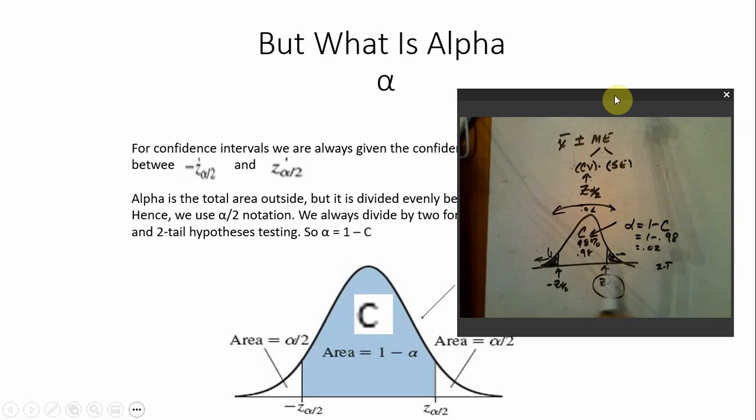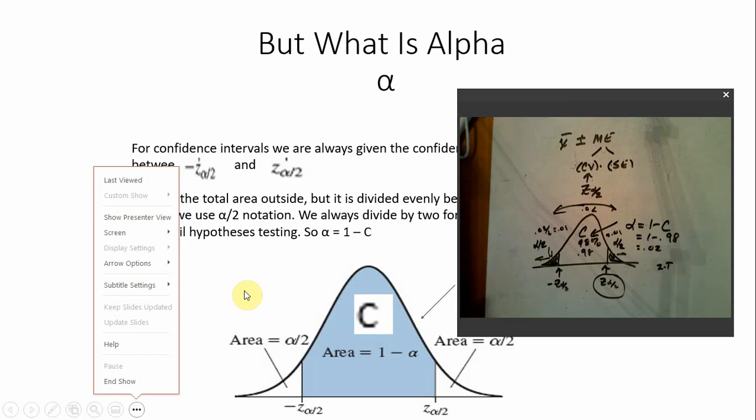And here it's evenly distributed among these tails for confidence intervals and two-tailed tests. We just divide whatever that alpha is by 2. So if I divide 0.02 by 2, I get 0.01 area here, and 0.01 area down there. And that separates our confidence inside and our tails on the outside.